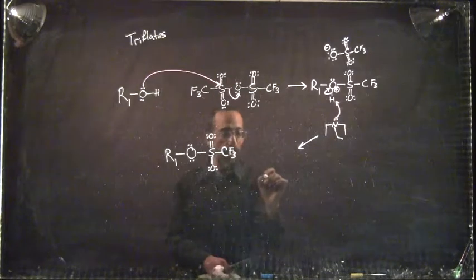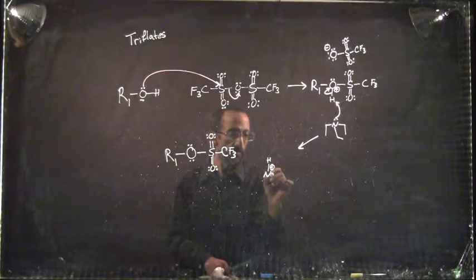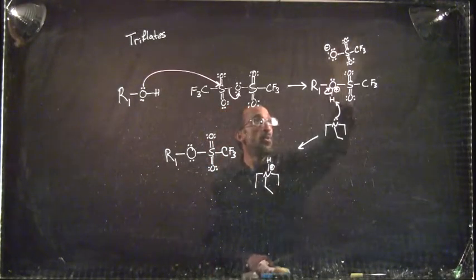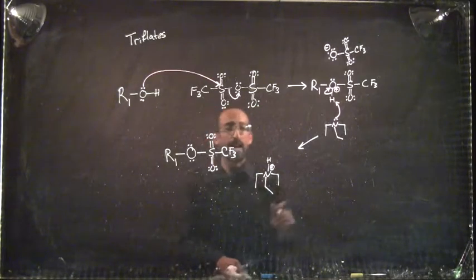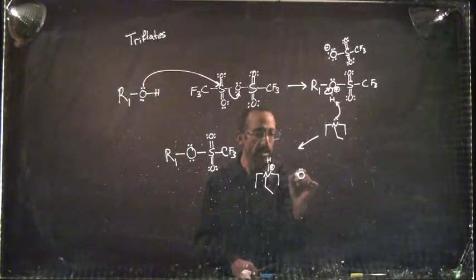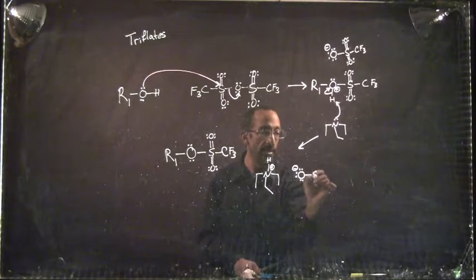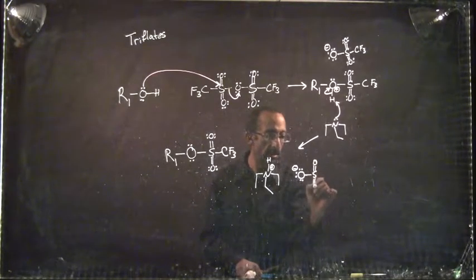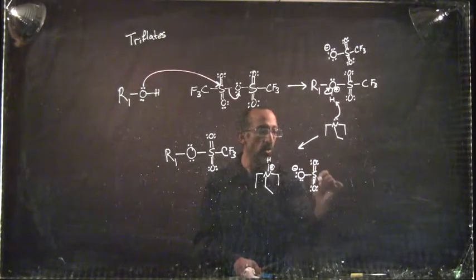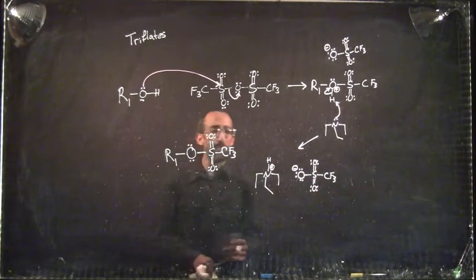We can see that we've protonated triethylamine, and we still have our counterion to balance out that positive charge on nitrogen with that sulfonate anion we generated in step 1. And we have formed our triflate, which is ready for substitution.